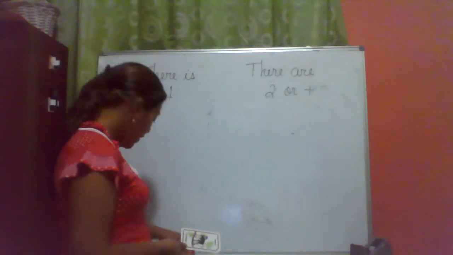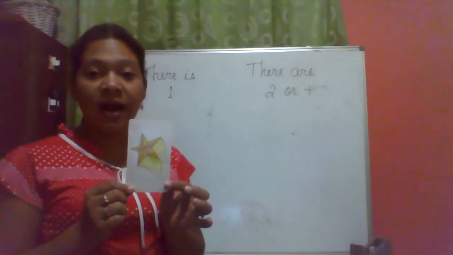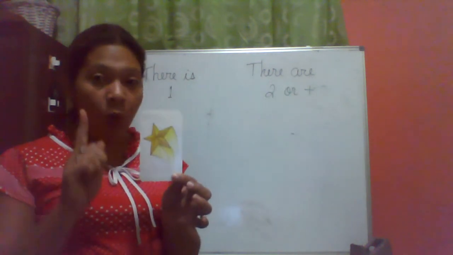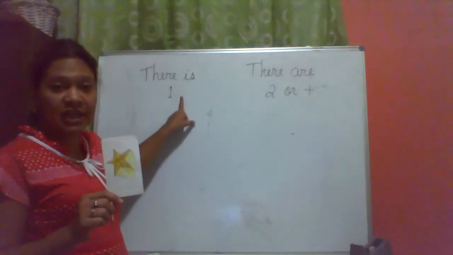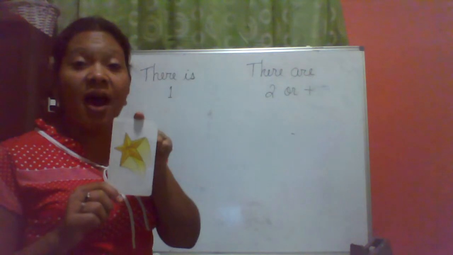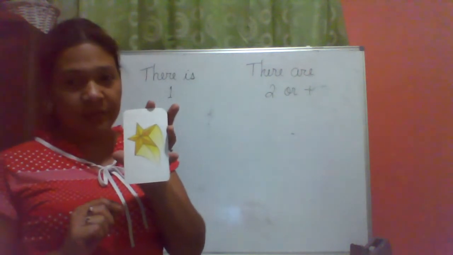Okay? Look at this other example. Star. I have only one star. So I'm going to use there is. There is a star, or there is one star.